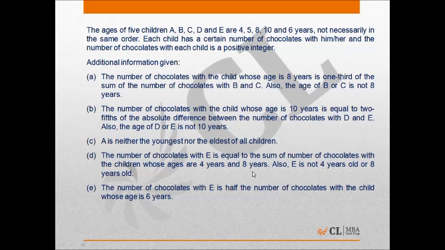But after going through all the 5 statements in additional information, it becomes obvious that we can find out the ages, or all possible combinations of ages, for the 5 children, but the same is not true for the number of chocolates. So let's try to find out the ages of the 5 children.